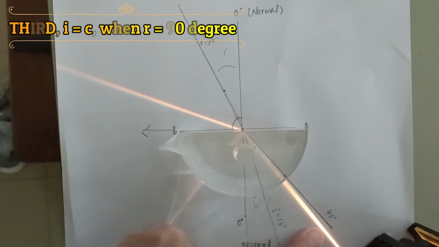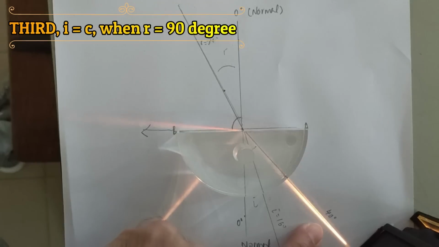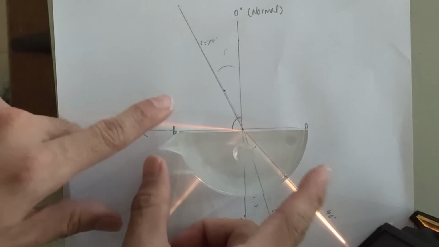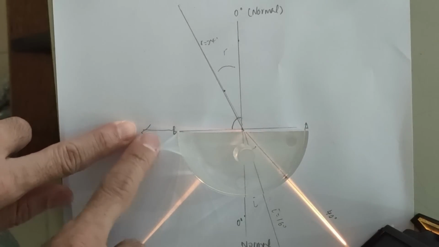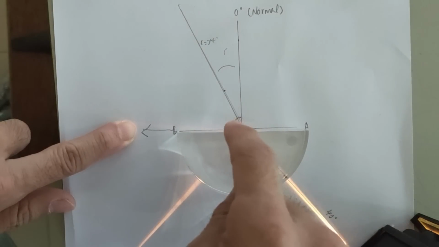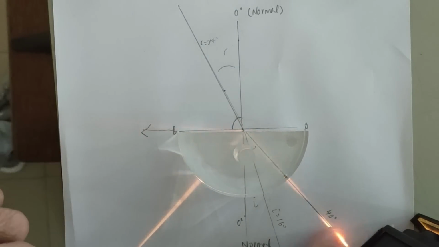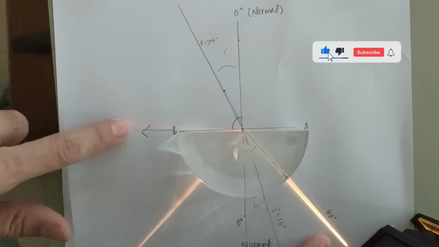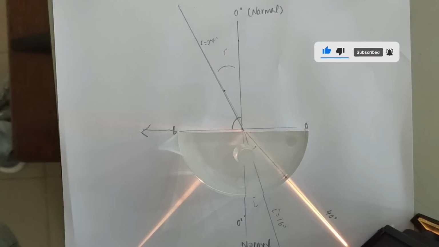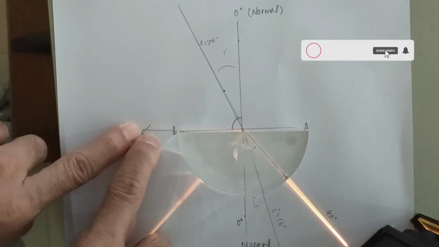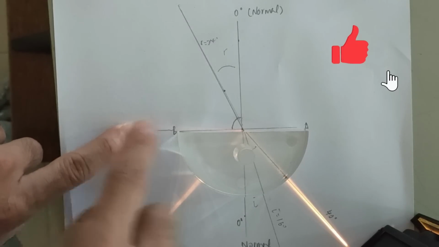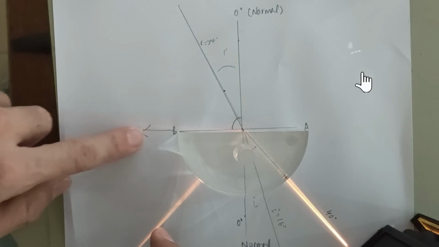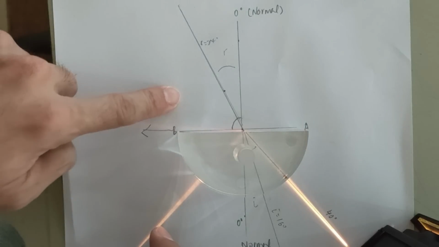So when the incident angle reaches our critical angle, which is almost 40, as I measured just now, you may see there is a refracted ray at 90 degrees. So the angle of incidence now is known as the critical angle. Here you can see the refracted ray is at the boundary between the glass block and the air.